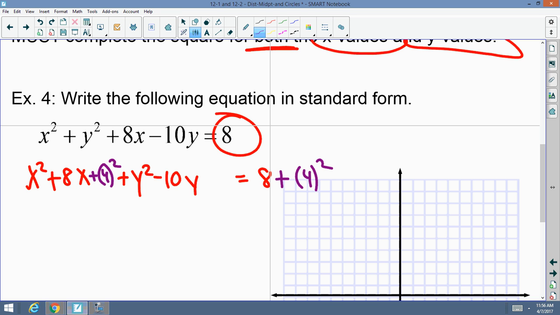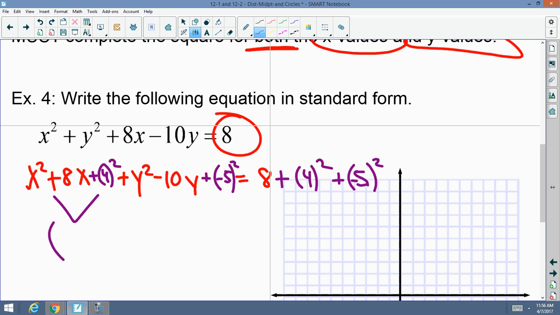My b over 2 squared for the y is negative 5 squared, which I'm going to add to both sides. I'm going to stop there for a second. Does that ring a bell? Does that make sense? You remember that? Okay, so let's do it.